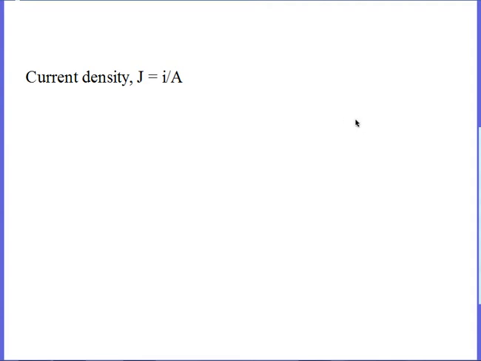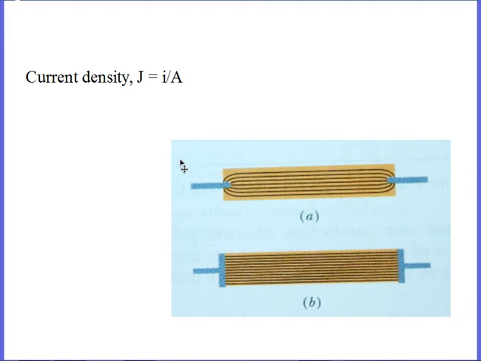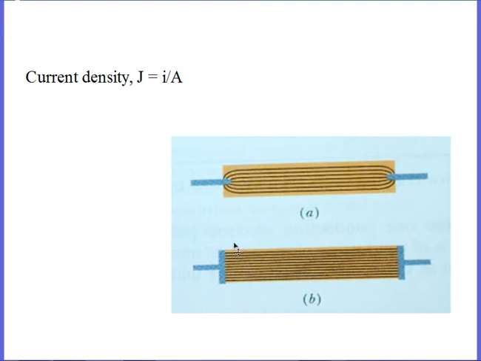That's pretty bizarre. Here you can look at this picture, and you can see the subtle difference: this one has uniform current density. If you take a cross-sectional area anywhere along here, it's the same current passing through that area. So J, the current density, is uniform here.